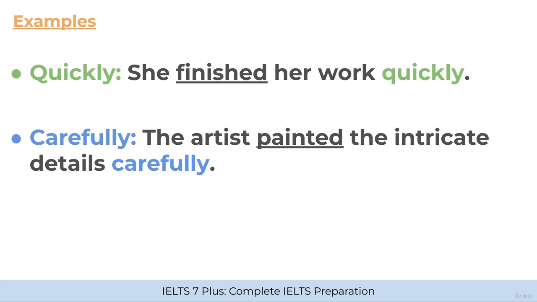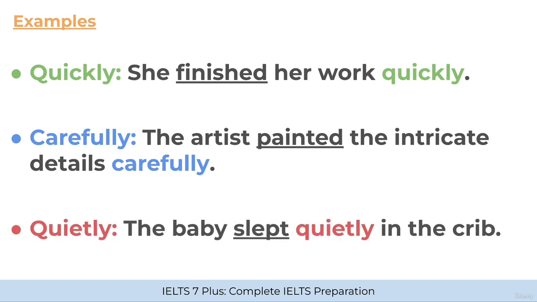Carefully. The artist painted the intricate details carefully. So carefully referring to how the intricate details were painted. And quietly, the baby slept quietly in the crib. Quietly referring to how the baby slept. So each one of these situations, the adverb is modifying the verb, but there are other situations as well that it can modify different parts of the sentence.